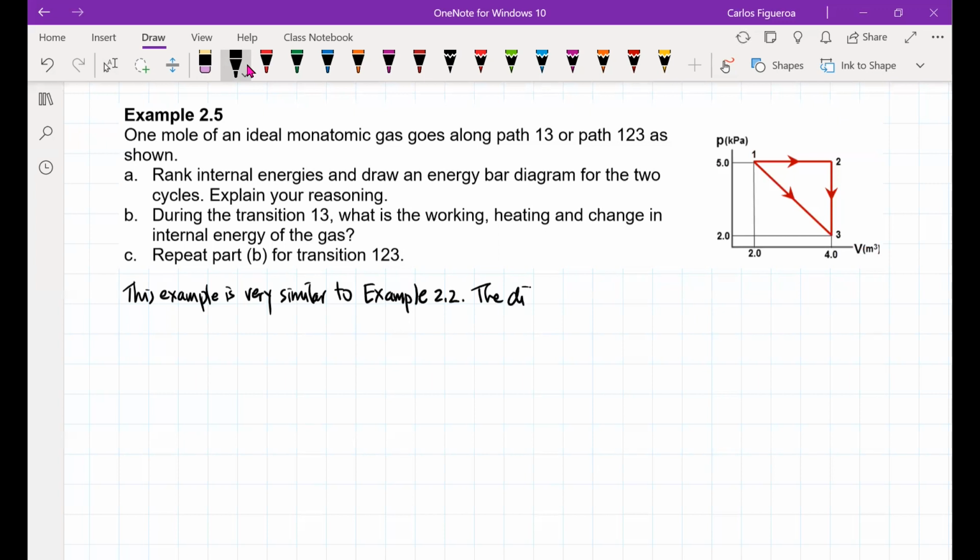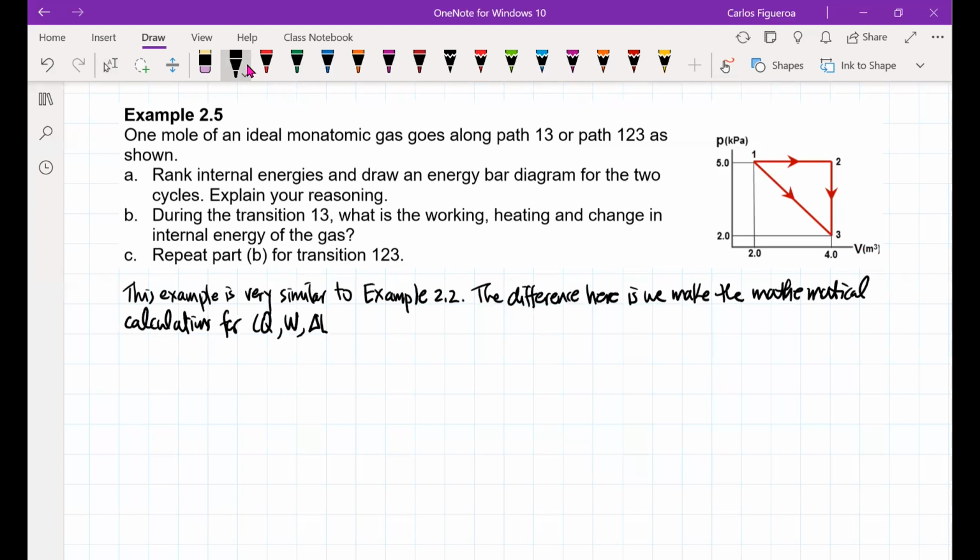The difference here is we make the mathematical calculations for all the heatings, the workings, and the changes in internal energy. So now we really get into it.